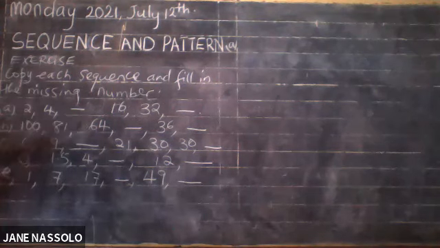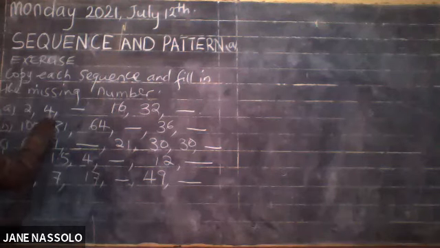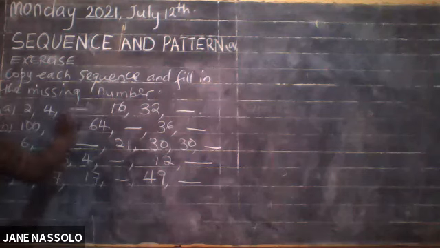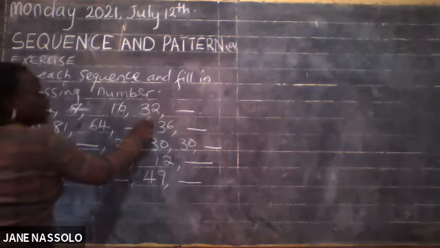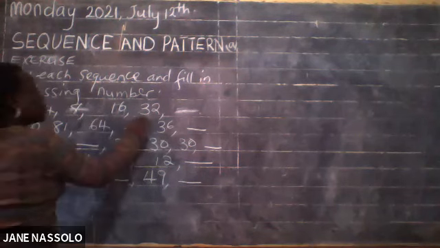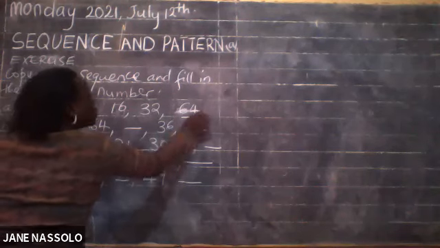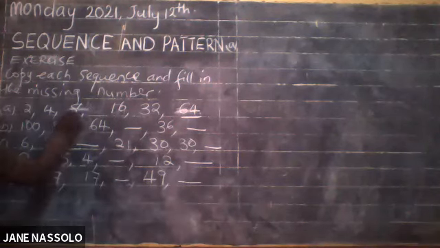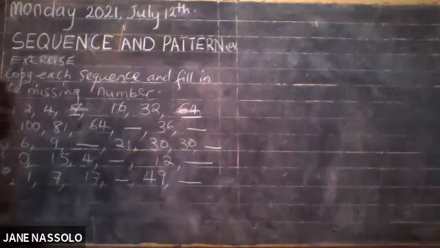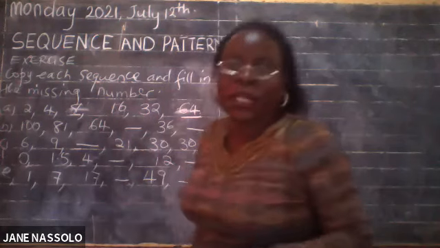The sequence was 2 times 2, 4. 4 times 2, 8. Then 8 times 2 is 16. 16 times 2 is 32, and 32 times 2 is 64. Thank you. So the missing numbers are 8 and 64. Then Sharon.